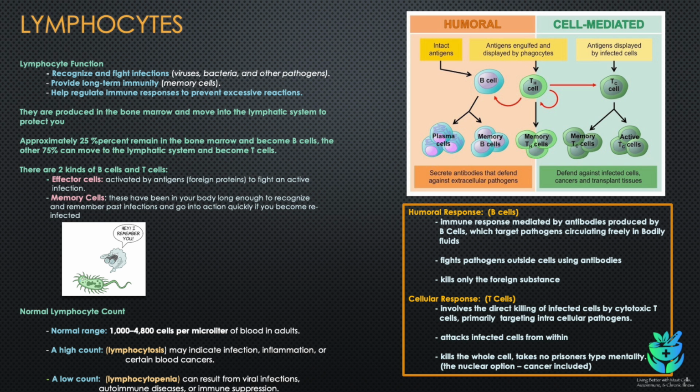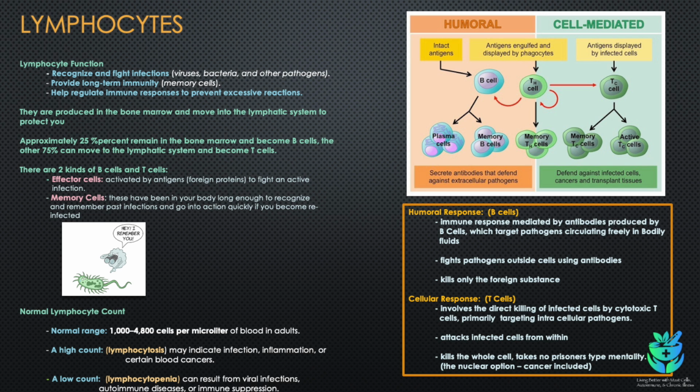There are two kinds of B and T cells. One is an effector cell, which is activated by antigens, so foreign proteins, to fight an active infection. And the other one is memory cells. These have been in your body long enough to recognize and remember past infections and go into action quickly if you become reinfected.